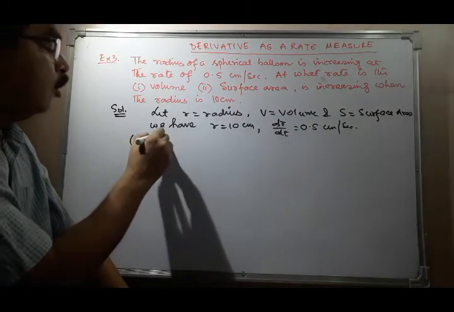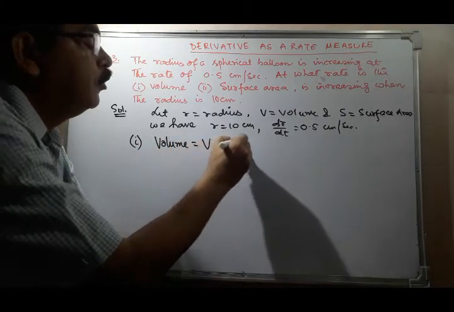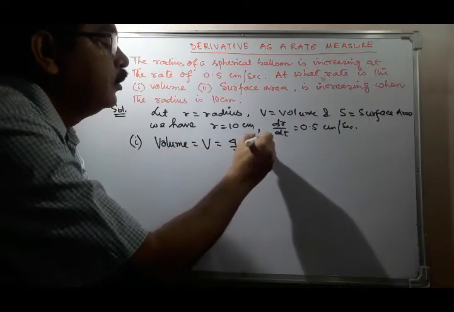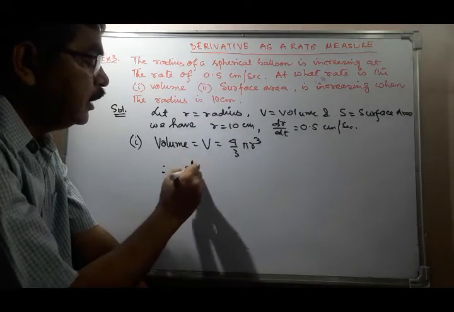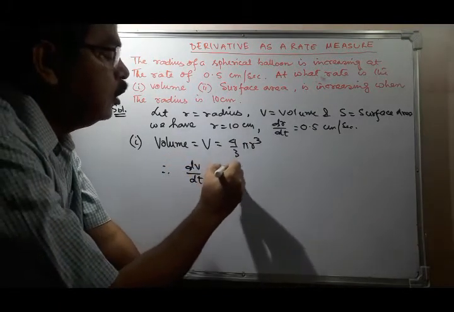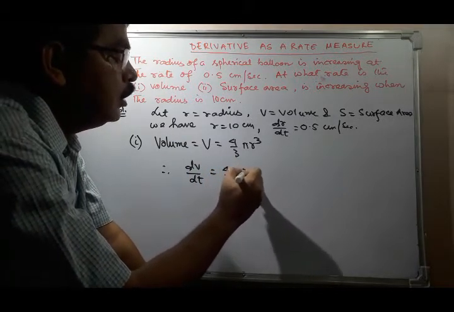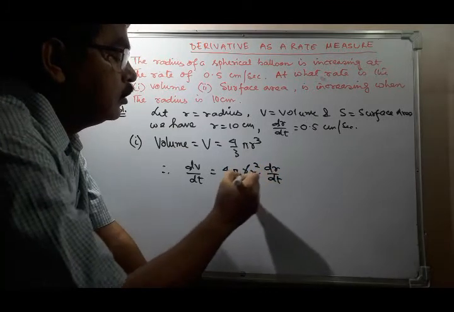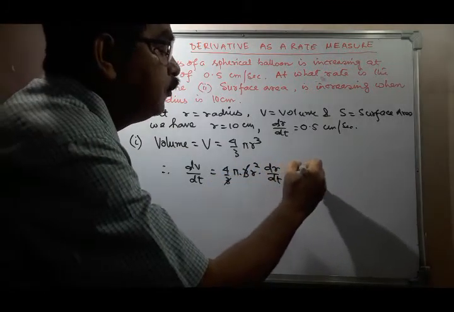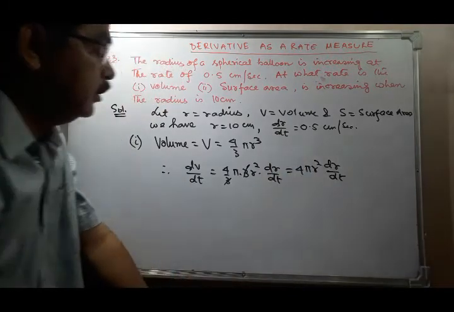Going to first part, volume V equal to 4/3 pi r cube. This is the volume of a sphere. Therefore dV by dt equal to 4 by 3 pi into 3 r square dr by dt. 3 and 3 get cancelled, that is 4 pi r square dr by dt.